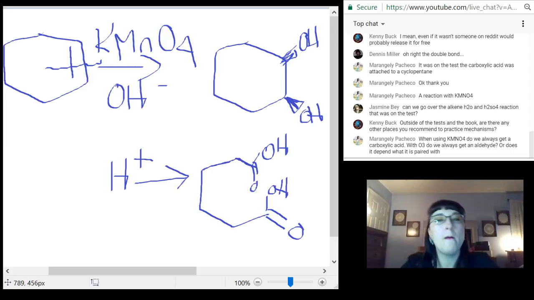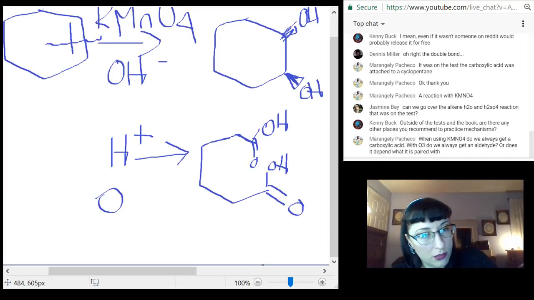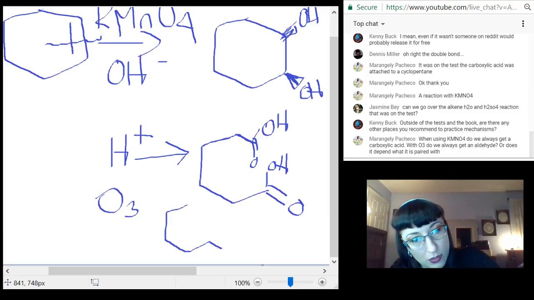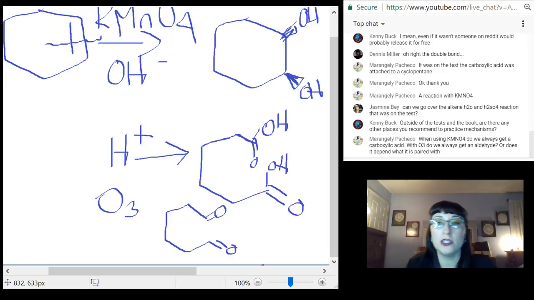And then if we did it with ozonolysis, which is a whole different reaction, you would get the aldehydes. So that's just identifying and knowing what happens in specific reaction conditions.